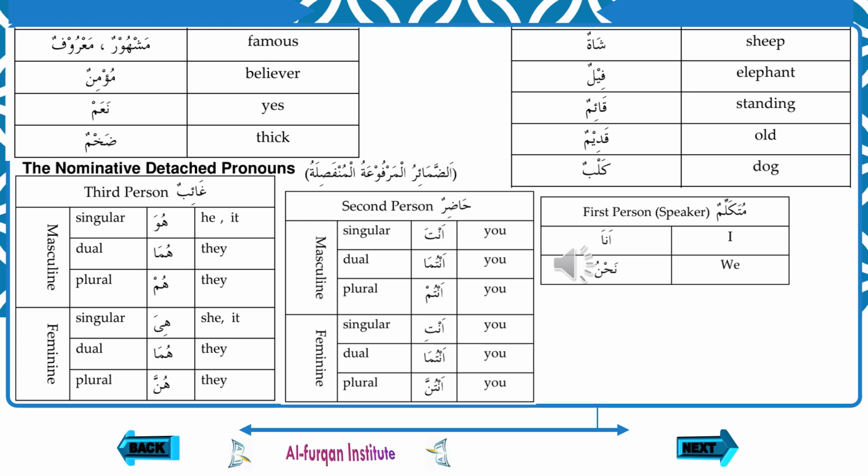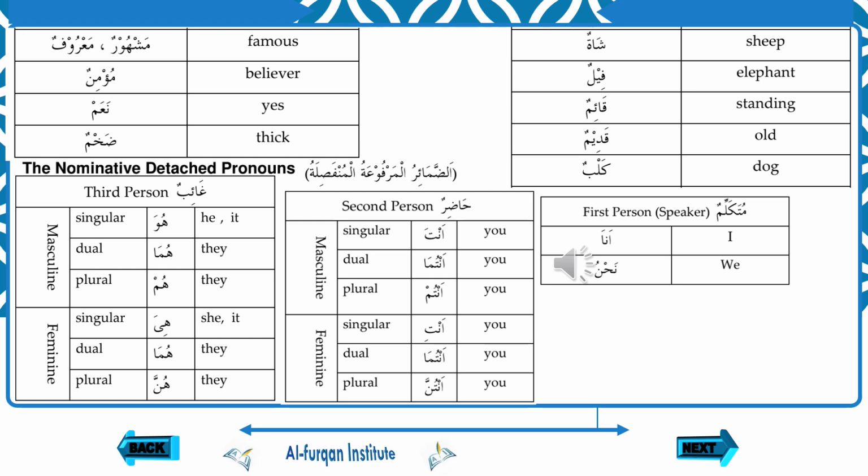So here we have three different words for the second person masculine pronoun, and the English meaning is always you. So even in the case of the feminine, we have anti. The second person singular feminine is anti. The dual feminine is antuma. Likewise the masculine. So they are both antuma.